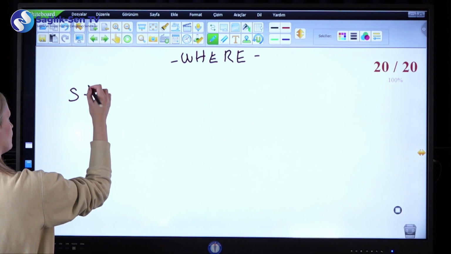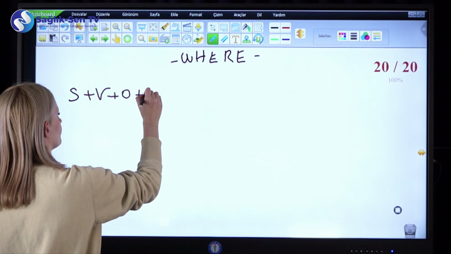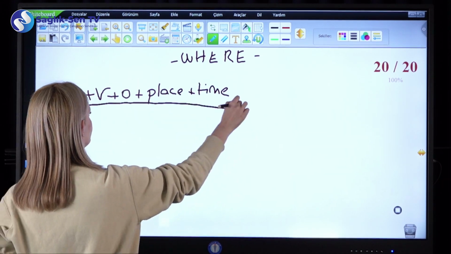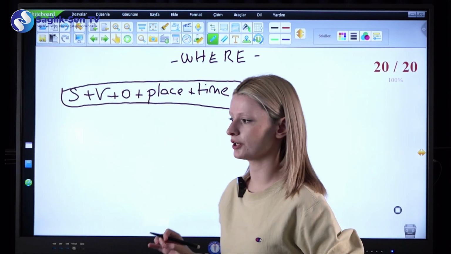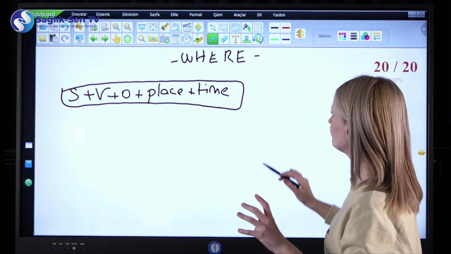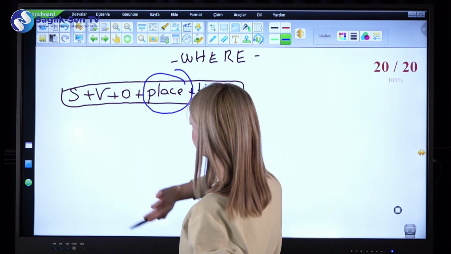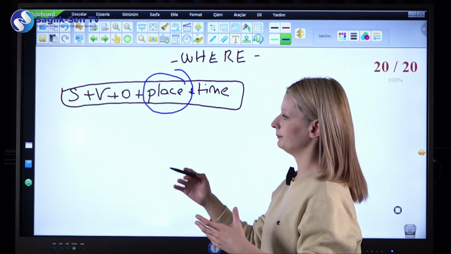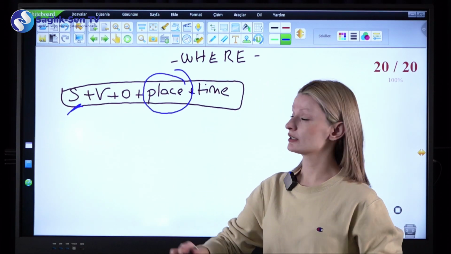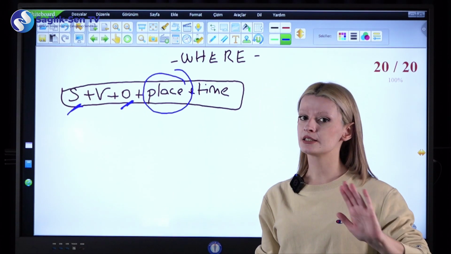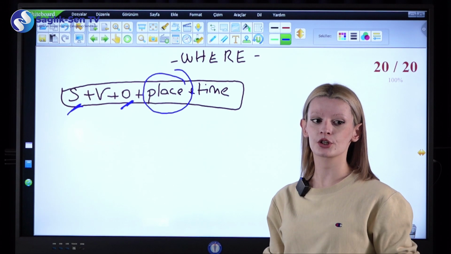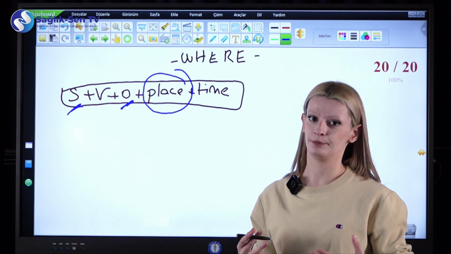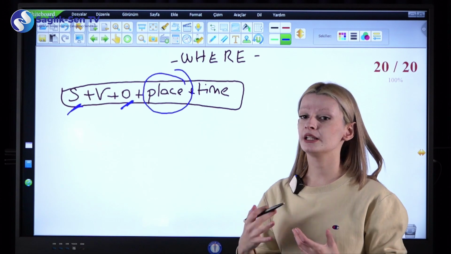We have subject, verb, object, place, and time as our sentence structure in English. What we're going to define here is this one. Even if we have a place name in our subject or in our object, it doesn't matter, we're not going to turn them into a relative clause using where. It has to be in the place position.